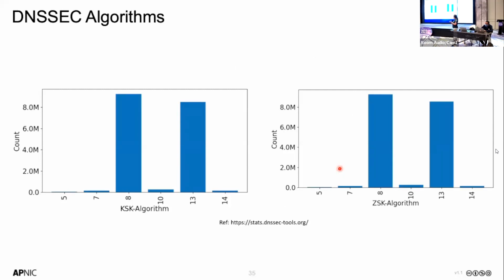You have a little more than 8 million for type 8, which as I've said earlier is still the majority of algorithms used, and then type 13, which is slowly becoming the de facto standard being used by most operators. So you have those two as your main choices. Same with ZSK. We have both type 8 and type 13 as well.